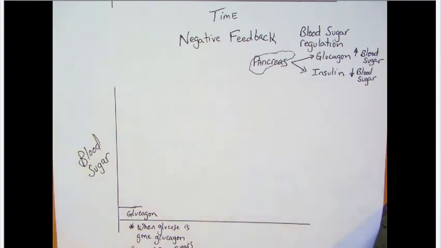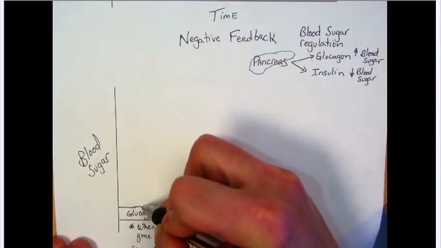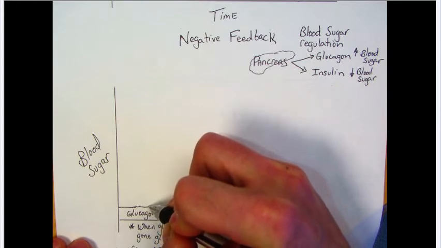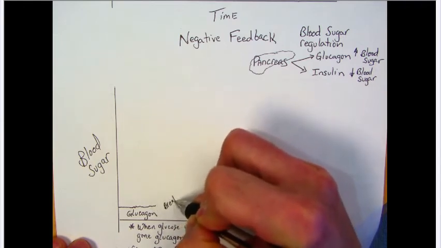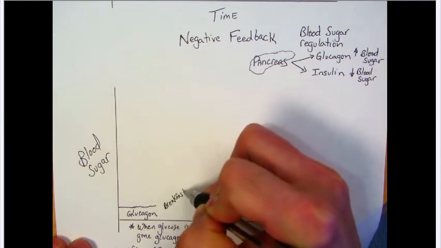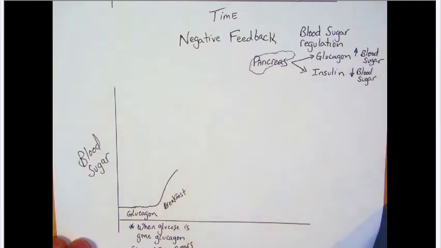So you have a little bit to survive on. As glucagon is produced by the pancreas, blood sugar is maintained until you eat. So somewhere along here, you're going to have breakfast, and your sugar level's going to shoot up.